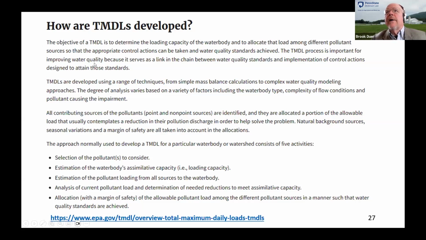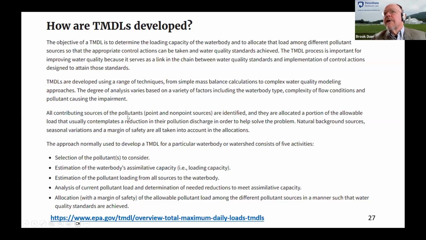Okay, I'm going to jump down, but I just want to see where I want to jump into. Okay, now here's how you essentially develop a TMDL. This is a good explanation.